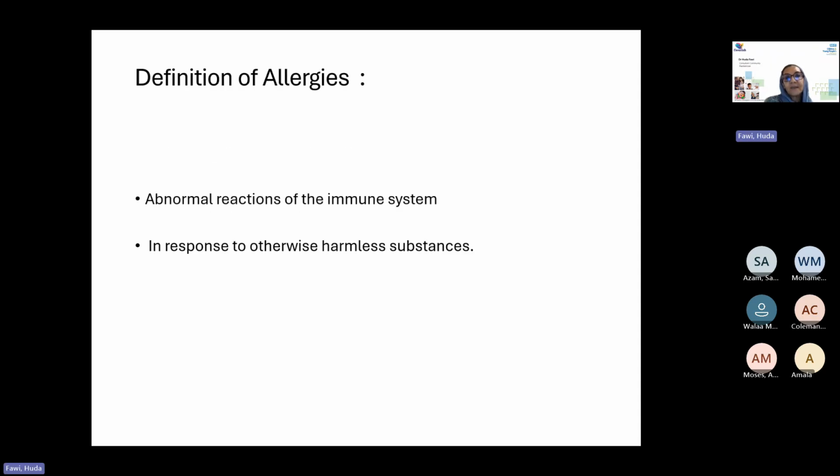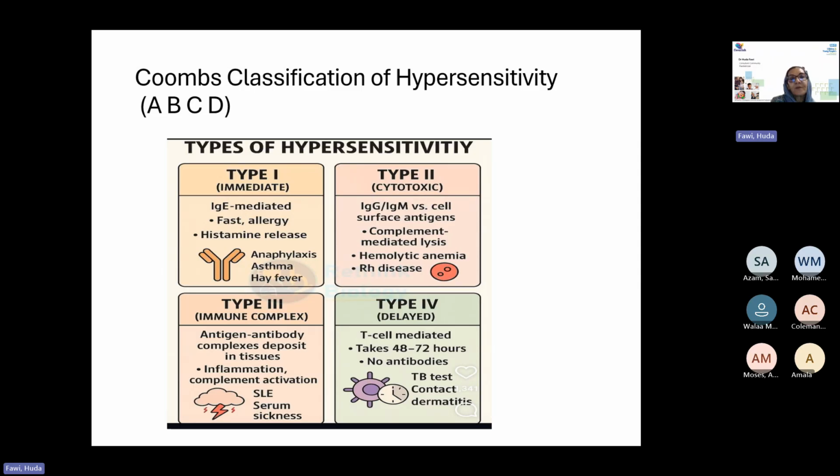What is an allergy? Allergy is an abnormal reaction of the immune system in response to an otherwise harmless substance. You'd remember from your early sciences, the Coombs classifications of hypersensitivity, type 1, type 2, type 3, and 4.